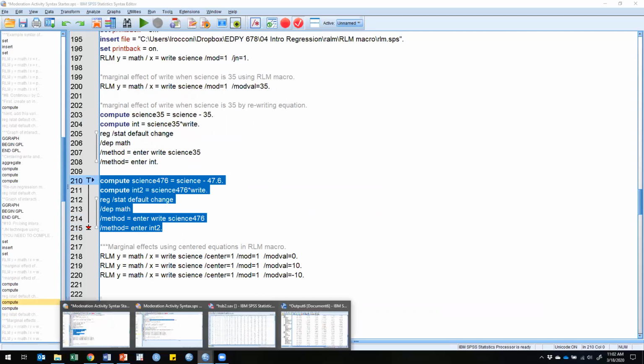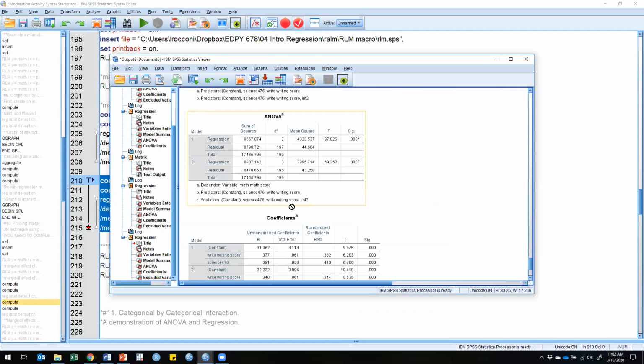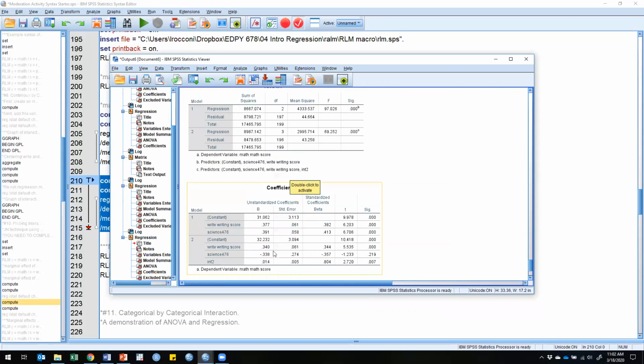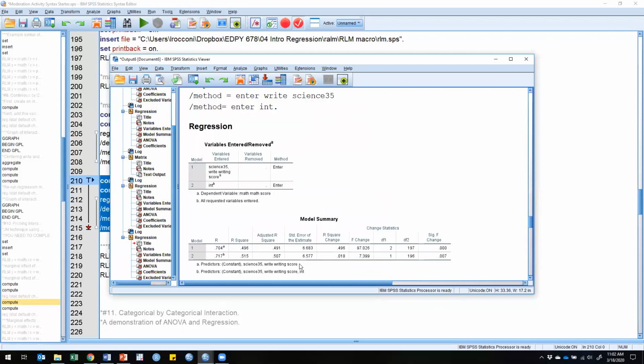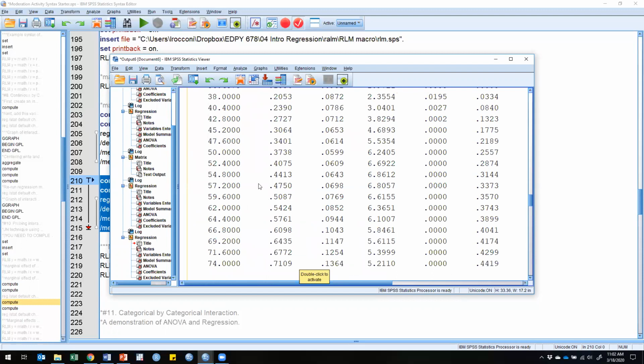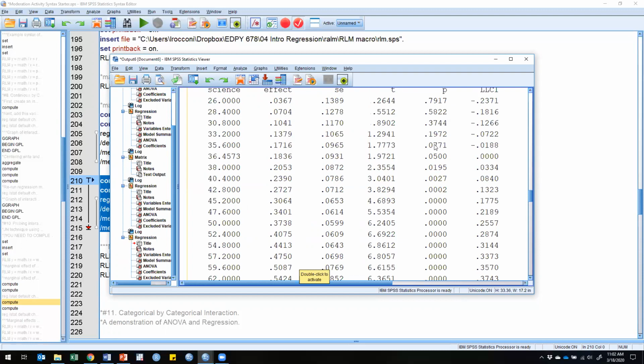Here, notice our conditional effect for writing when science is at 47.6 is 0.340, and it is statistically significant.